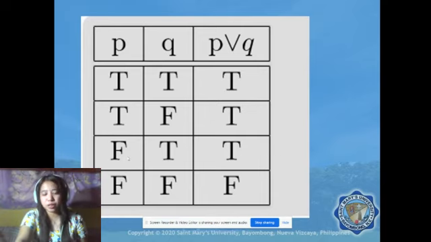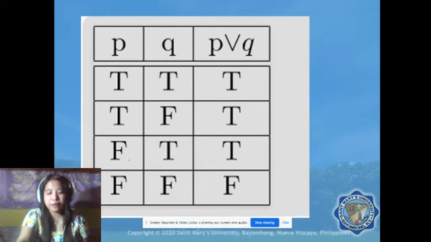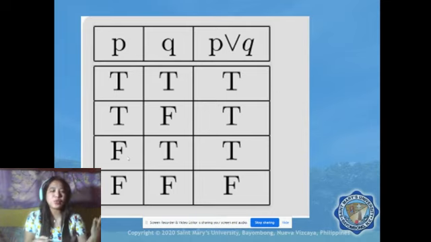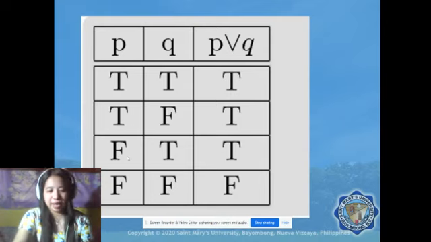For two propositions, it's 2 raised to 2, so we need 4 rows to represent all possible conditions. If we have 3, then it's 8, because we have 4 true and 4 false. So 2 times 2 times 2 is 8. So let's have an example.